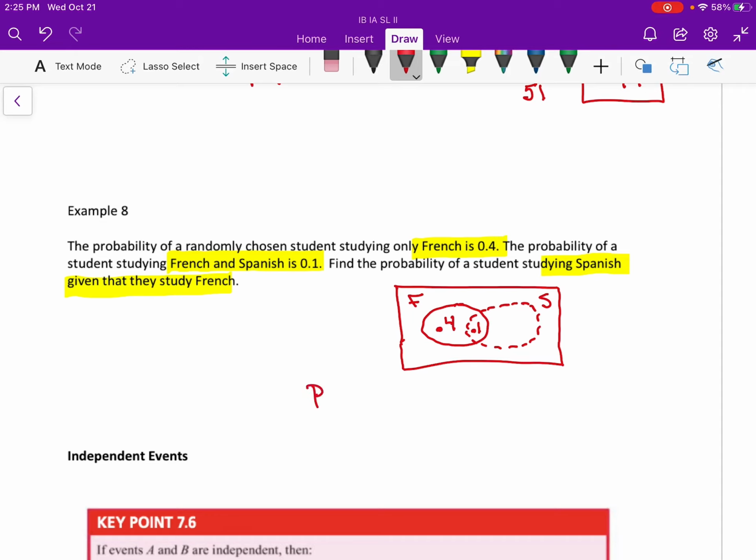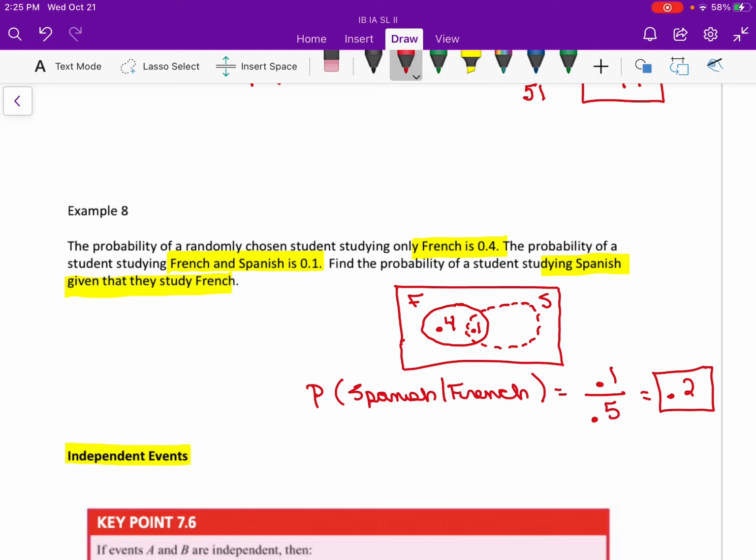That's P of studying Spanish given that they already study French. So that would have to be part of the intersect anyway. So it's just 0.1, the intersect, divided by the total, which is 0.2. Because the probability of them being in French and Spanish is 0.1 out of a total of 0.5. So whatever we have left is 0.2.